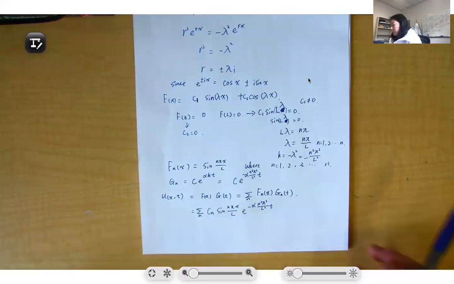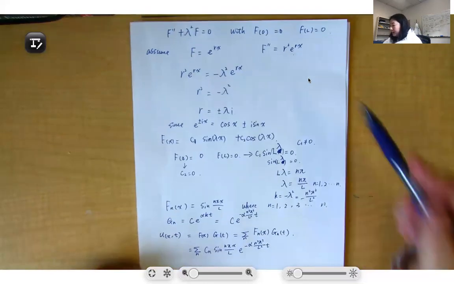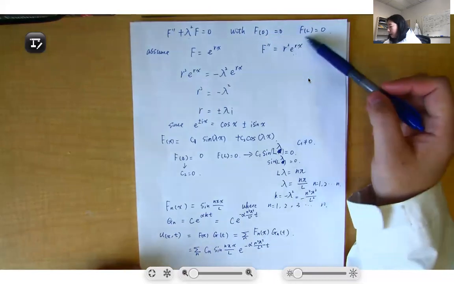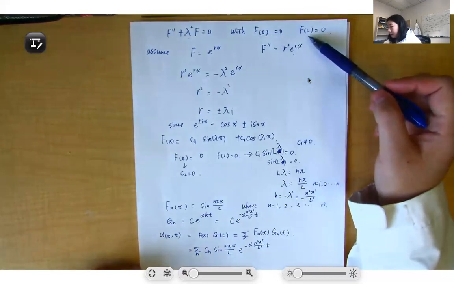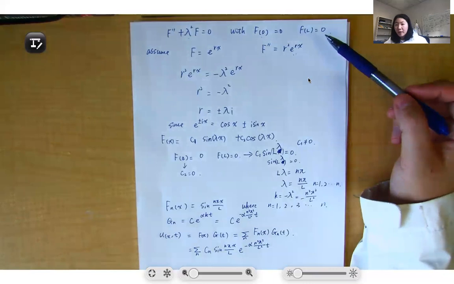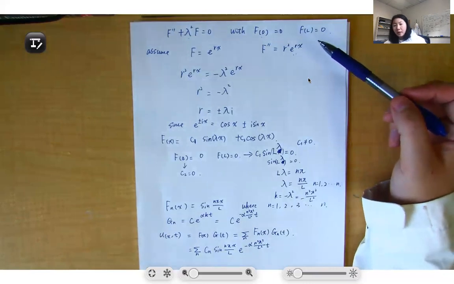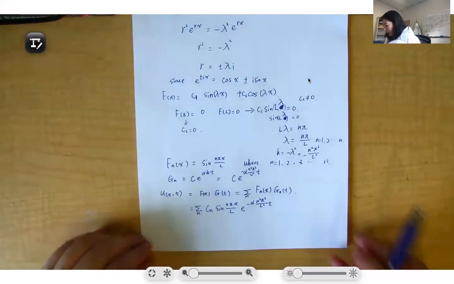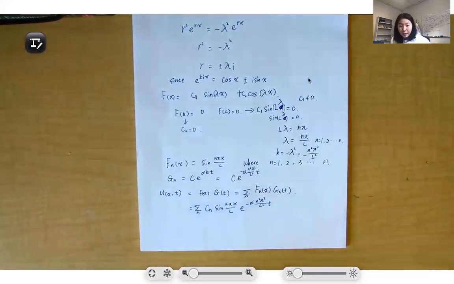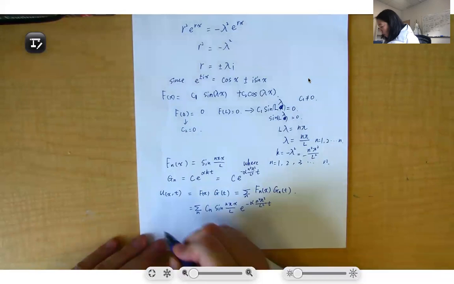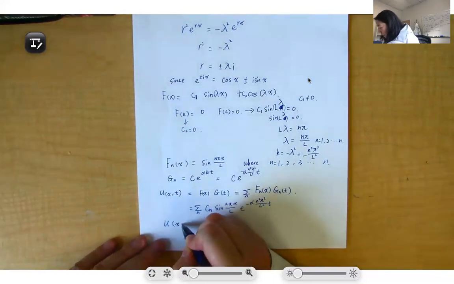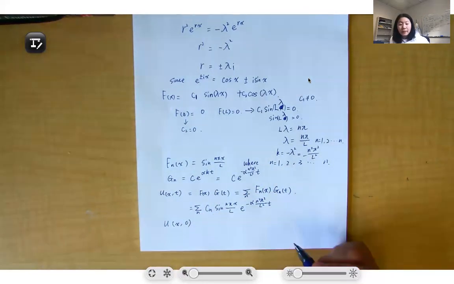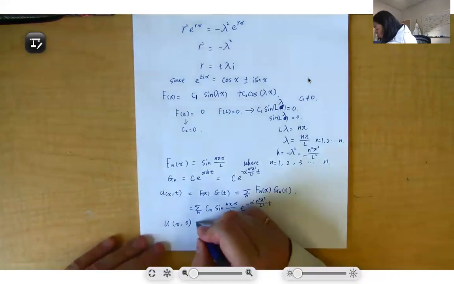We already used F(0) equals 0 and F(L) equals 0, which come from u(0,t) and u(L,t). The only condition we haven't used is the initial condition. What is the initial condition? It is the temperature distribution at time equals 0, the initial time, equal to f(x).